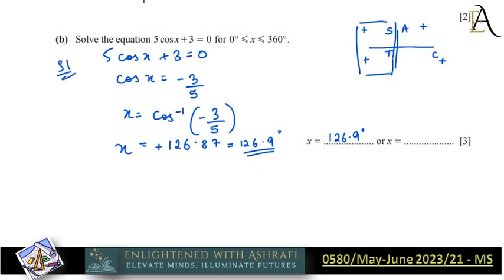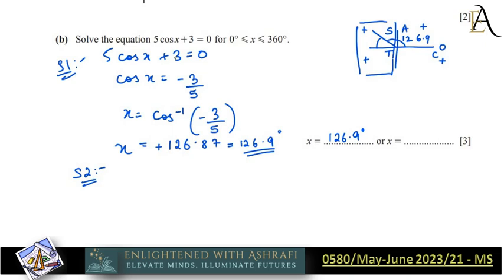Now we have to find out the second value. So it's going to be starting from 0. This is your 0. So this you get as 126.9.